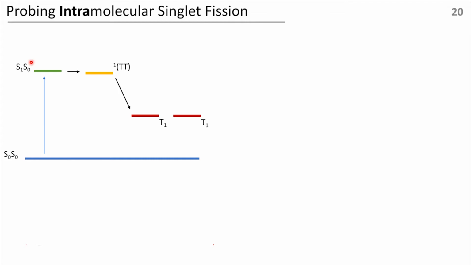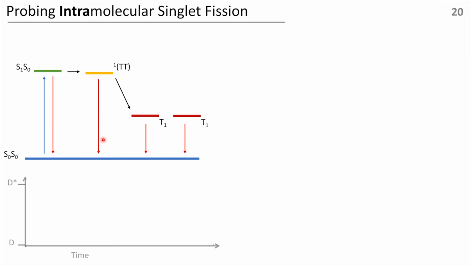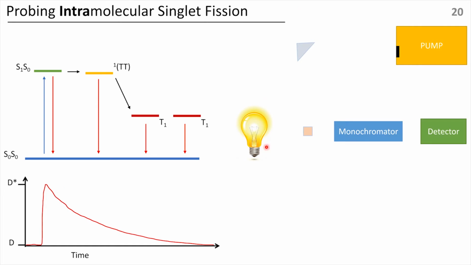I ask my audience the rhetorical question of, well, how can we find out if singlet fission happens in this material? And I go through the experiment that we can do and monitor the population of different species as a function of time, and that there exists an instrument that allows us to look at the population of molecules in the different states.